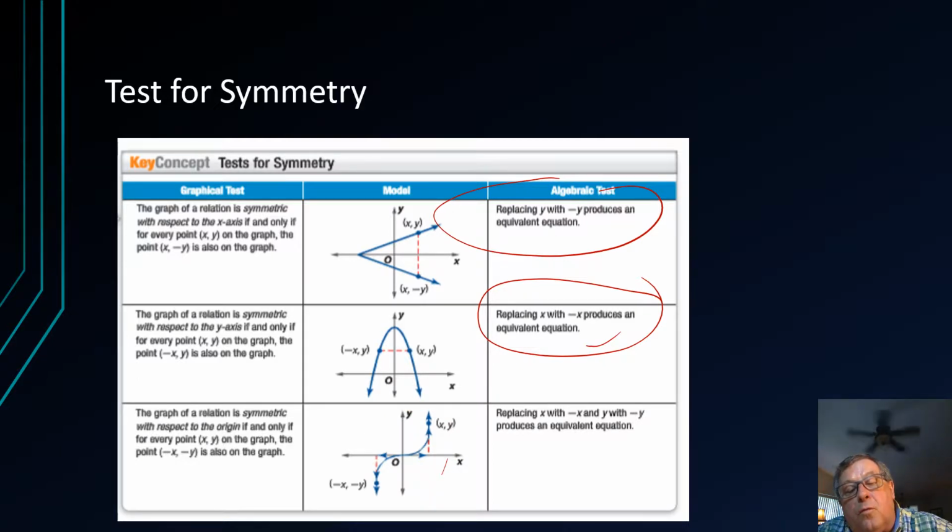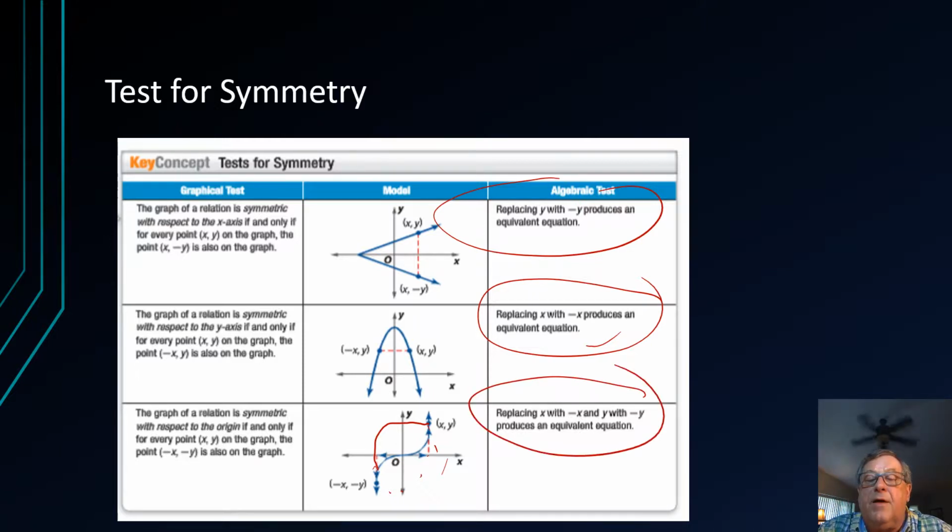If I were to rotate this 180 degrees, and this one would rotate down 180 degrees, it would appear to look exactly the same. And so for every point x, y that's on the graph, negative x, negative y is also on the graph. And an algebraic test: if we replace x with negative x and y with negative y, then we would produce an equivalent equation.